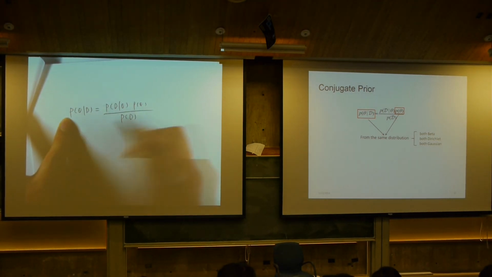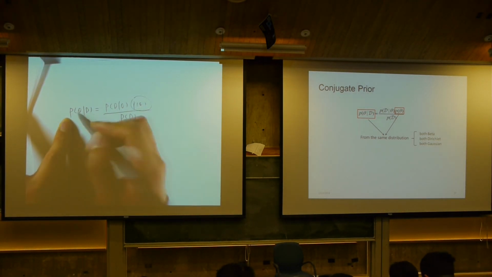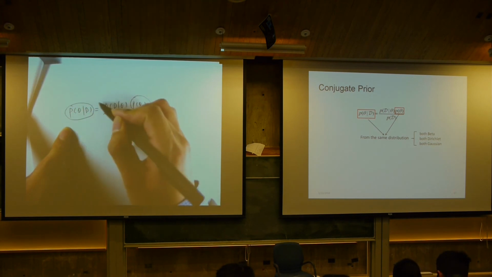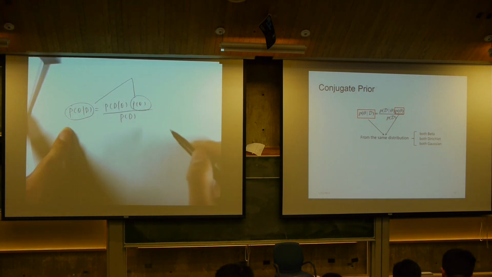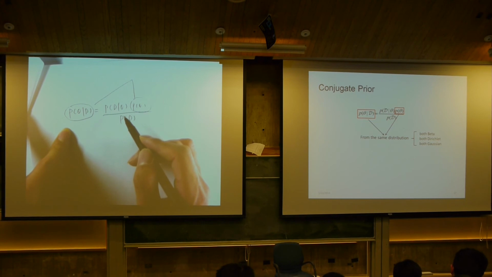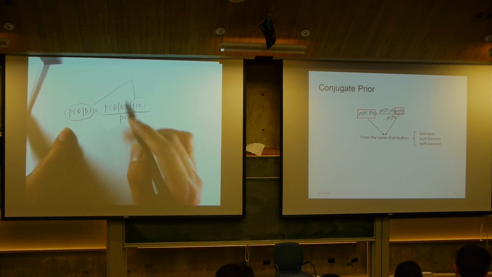To make the prior distribution and the posterior distribution from the same family, it strongly depends on what the distribution over the data is, namely this part.